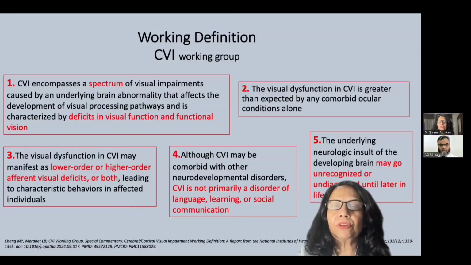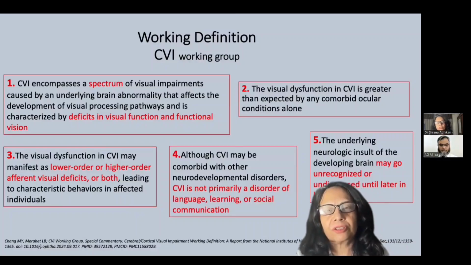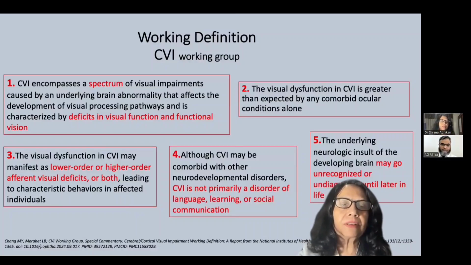Number 2, visual dysfunction in CVI is greater than expected by any comorbid ocular conditions alone. The visual dysfunctions in CVI may manifest as lower order or higher order afferent visual deficits or both, leading to characteristic behavior in affected individuals.